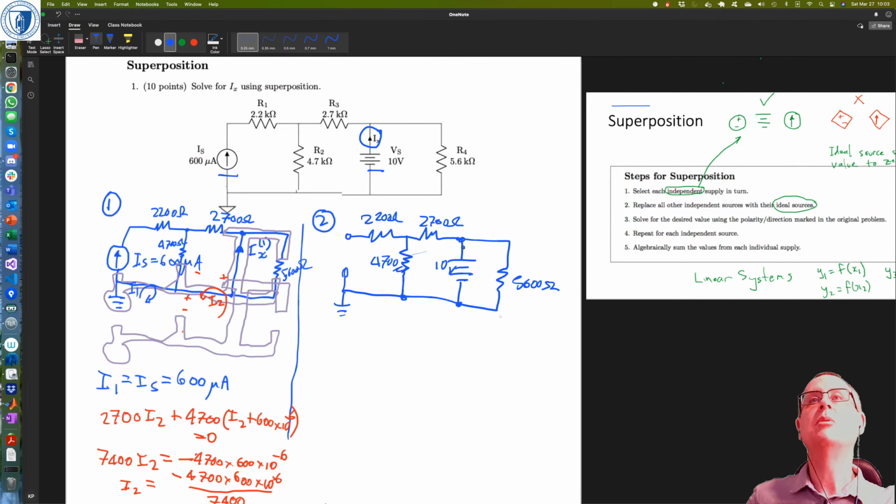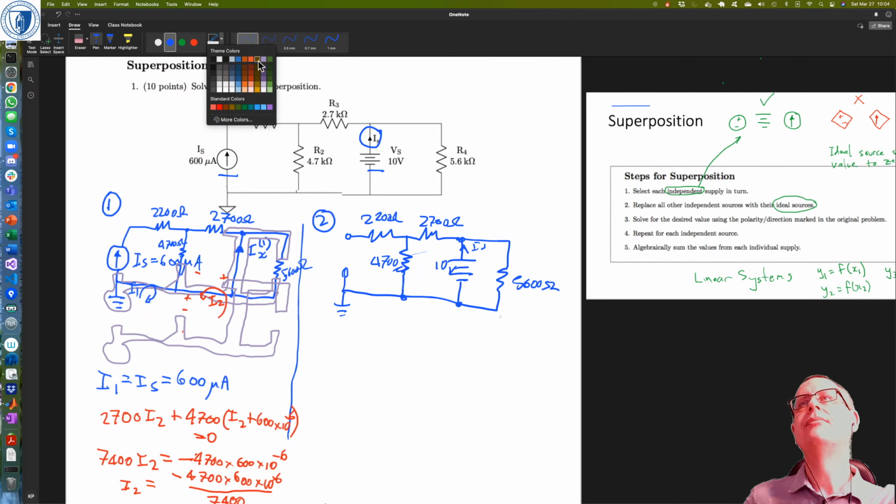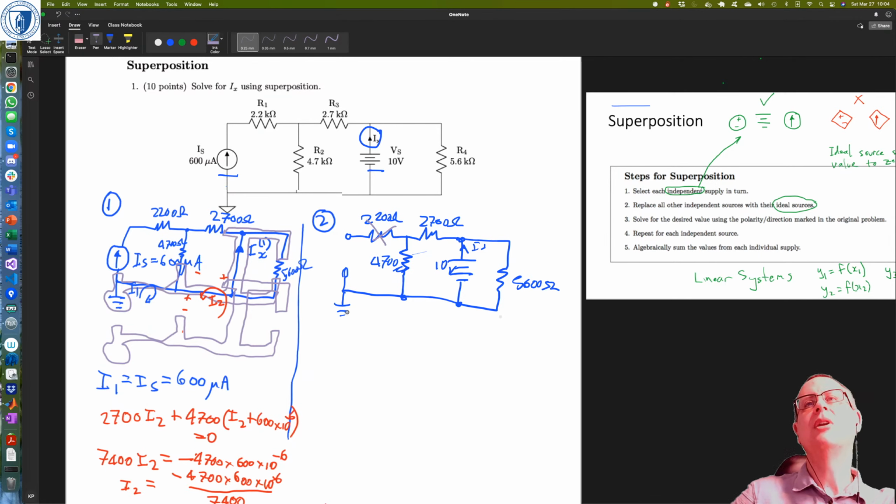Okay, and the thing we want to find again is IS, and again I'm looking at this part of the circuit because there's going to be no current flowing through that gap. This resistor takes no part in the circuit. Right, it doesn't do anything.